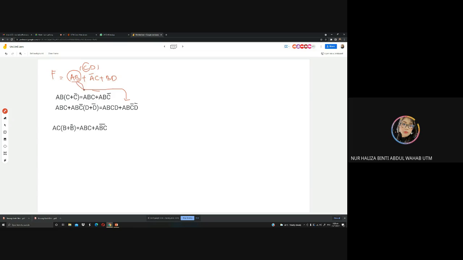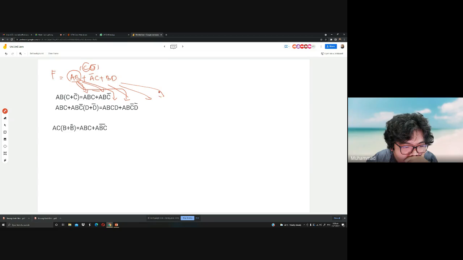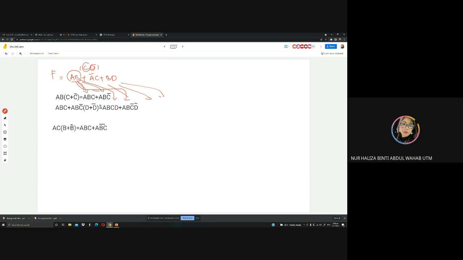Maksudnya dia akan beranak jadi 2. Kalau you missing 2, you akan dapat supposedly ada 4. Yang part ni saya rasa you silap, which is you hanya darab.